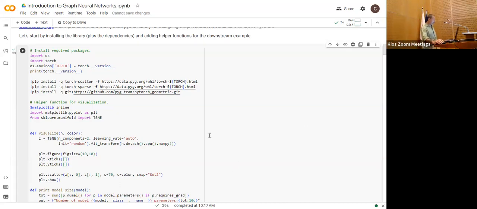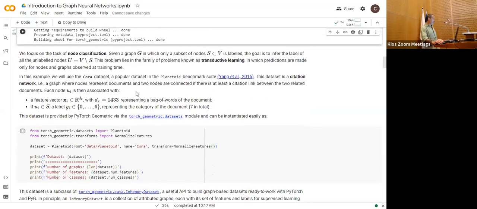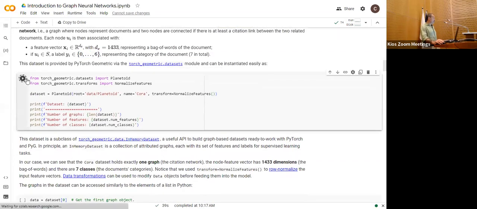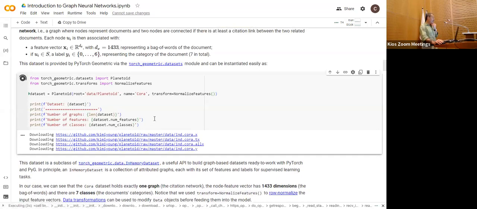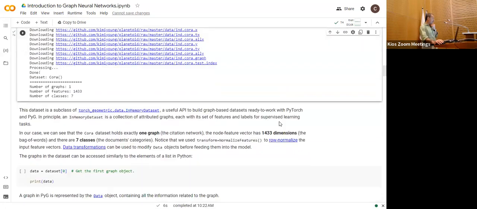So I installed the elements. So this is the number of features, 1,443. We have 7 classes, which define the category of the document. These are benchmarks.